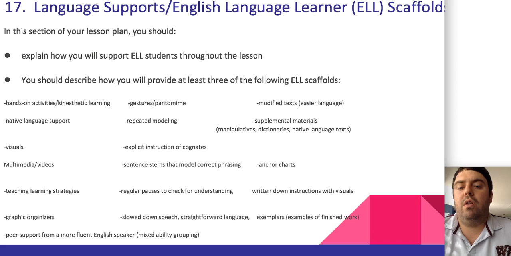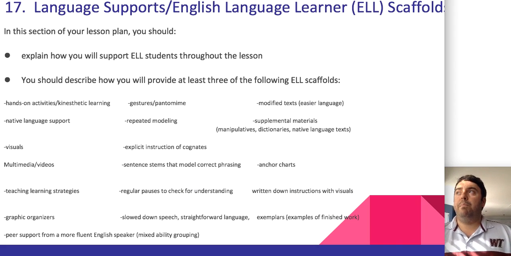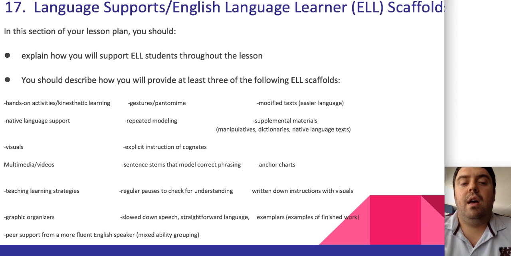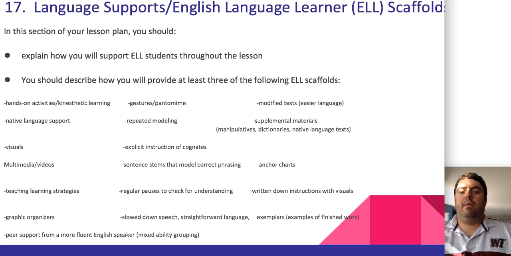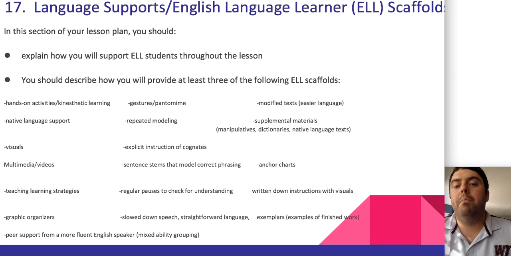You could provide exemplars or examples of successful finished work. You could provide graphic organizers, and you could also offer supplemental materials like bilingual dictionaries, native language texts, or modified texts that are at students' reading level.